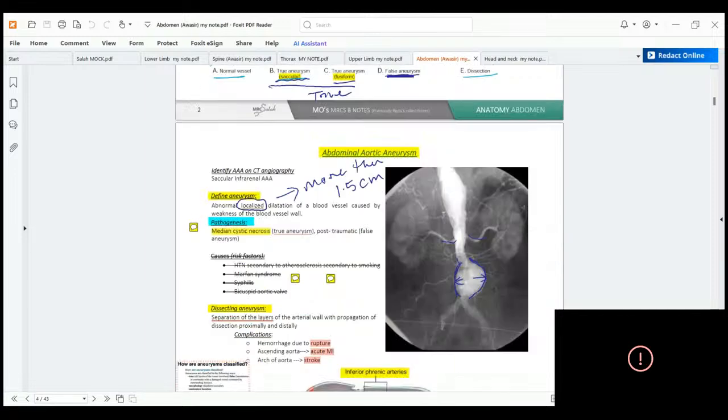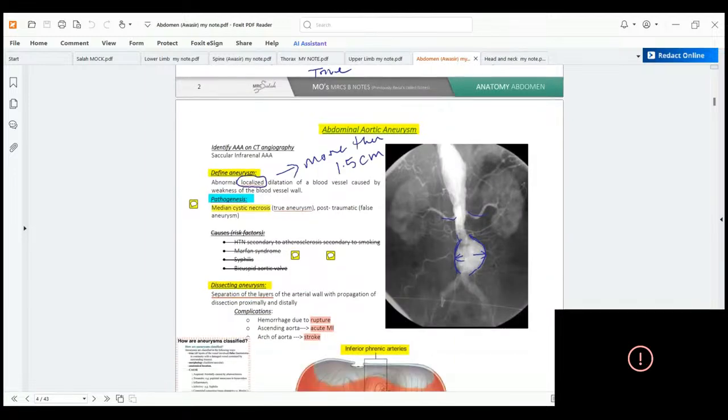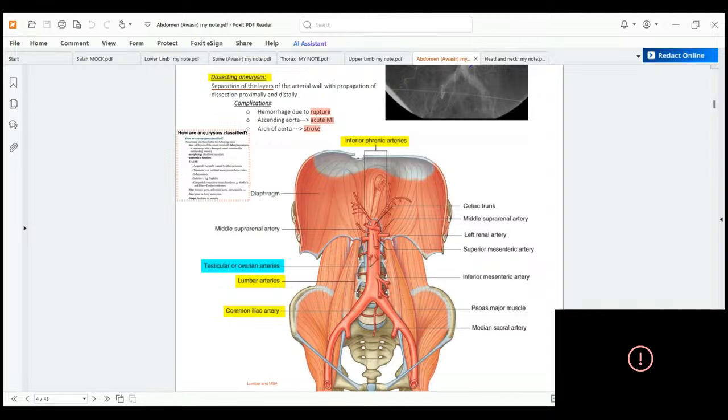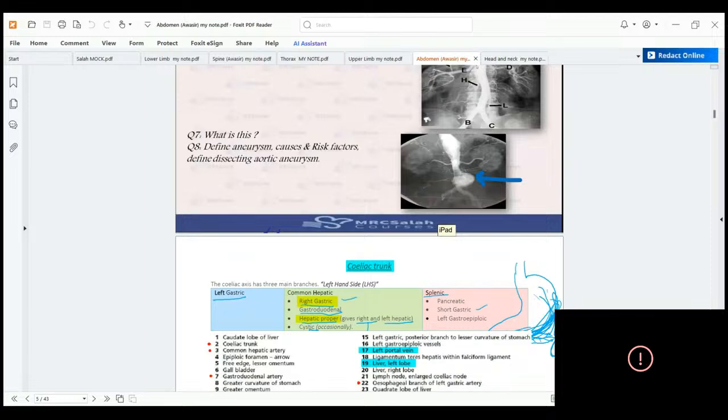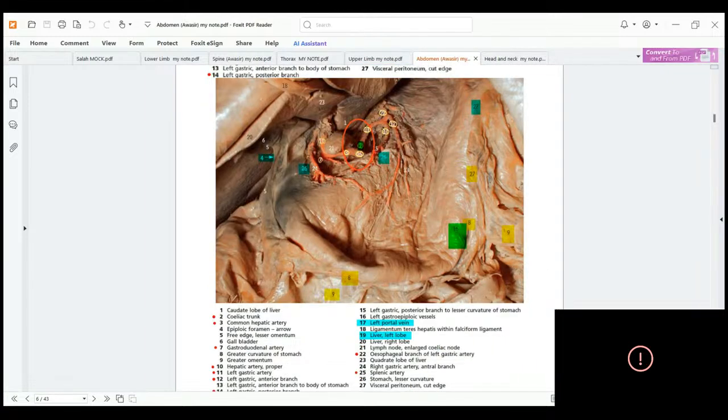Here now only for the picture. We started with the abdomen.